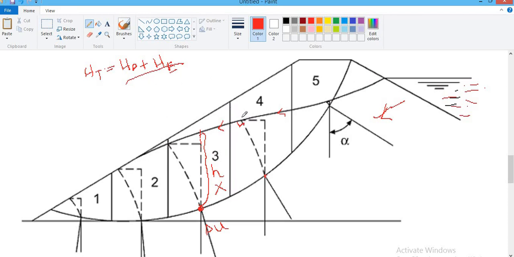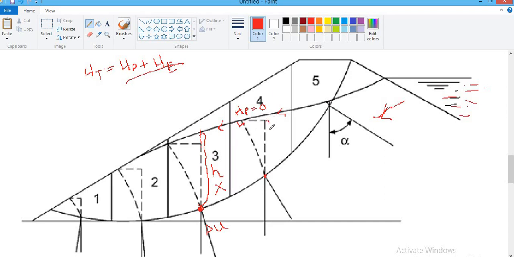For example, at the top, we know pressure head is 0. There is elevation, but as we move along this line, we can see there will be an elevation difference.